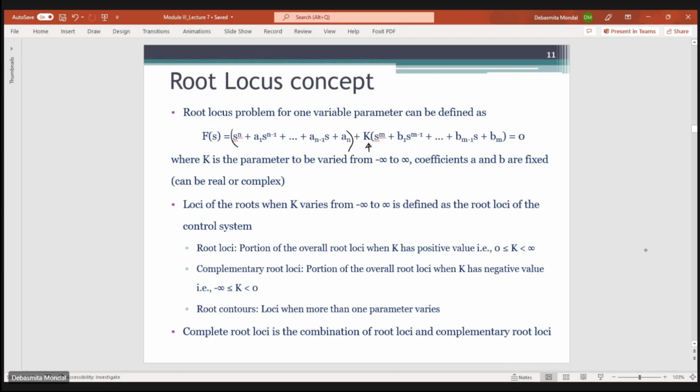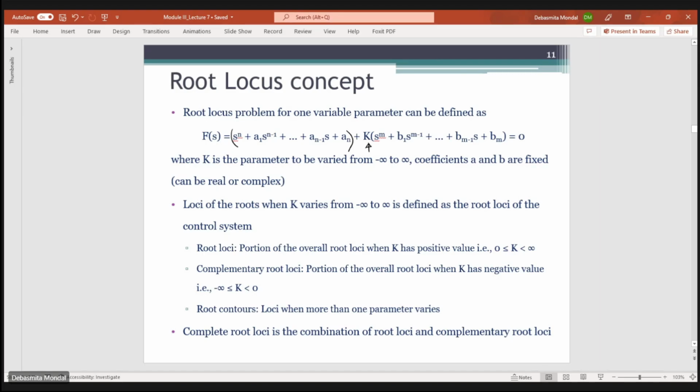Similarly, the complementary root loci is the portion of the overall root loci when k has a negative value, that is, when you are changing the value of k from 0 to minus infinity. Whatever root locus you get for those values of k is known as the complementary root locus. The complete or overall root locus is a combination of the root locus and the complementary root locus.